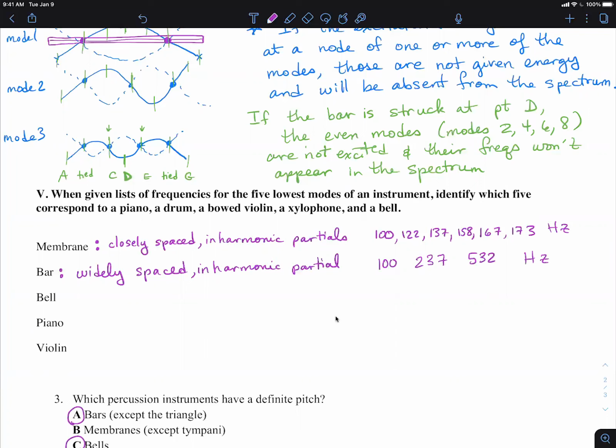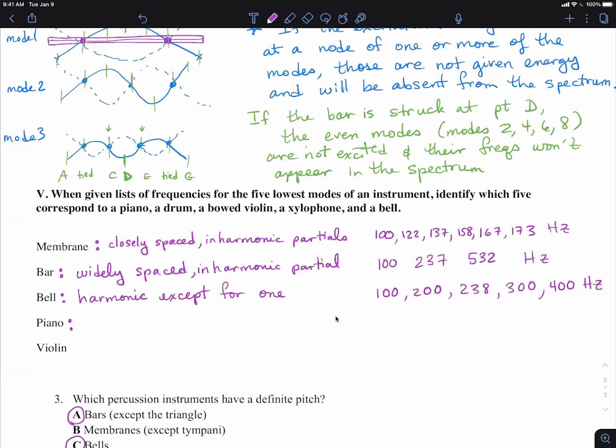Then for the bell, the partials, the natural frequencies are harmonic except for one. So something like 100, 200, 238, 300, and 400 hertz. So integer multiples except for the middle one, the third one.